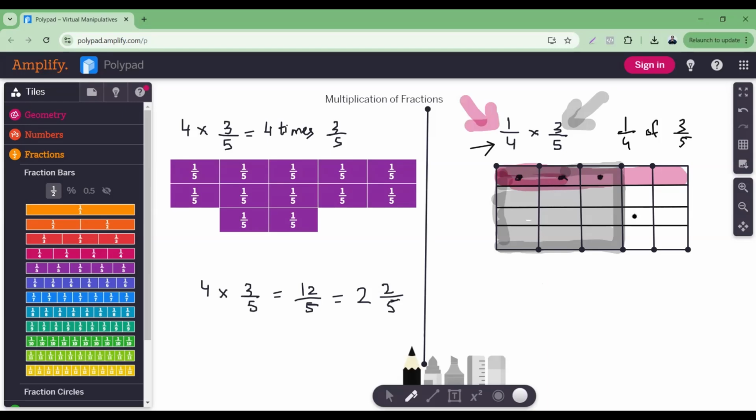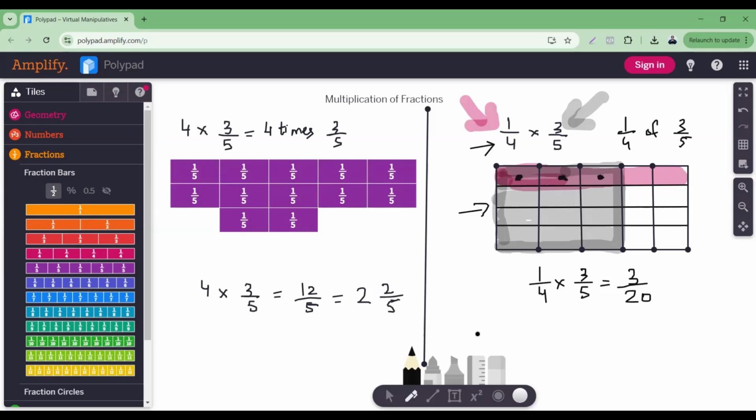Then in this complete whole, I have to see how many total pieces are there. The total number of pieces is 5 here, 5, 5, 5. Total number of pieces is 20. Out of that, these three are having dots. These three are what we are going to select. That means the answer is 3 by 20. That means my answer for 1/4 times 3/5 is 3/20.